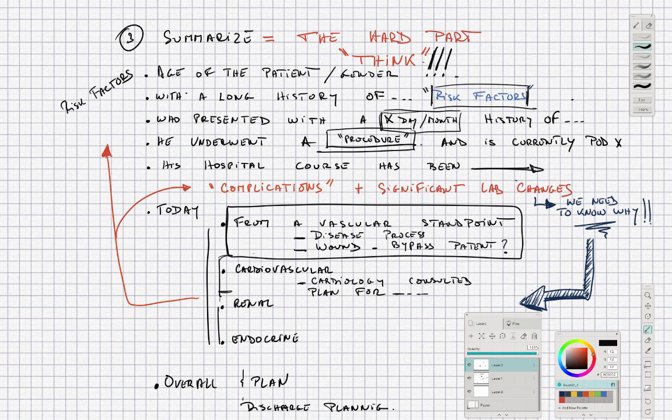Unfortunately, he failed to heal that wound and was subsequently admitted for a distal bypass. He's currently post-op day 4 after a femoral to posterior tibial artery bypass that was done with a greater saphenous vein.